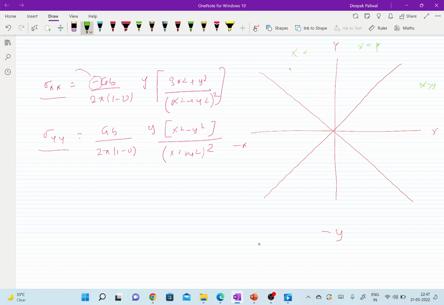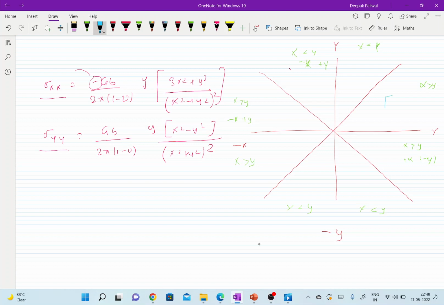Again here x is less than y, but minus y, minus x plus y. Here x is greater than y, but minus x plus y. Here x is greater than y, but y is negative, x is positive. Here x is less than y, here x is less than y, here x is greater than y. So this is the coordinate which I am talking about.